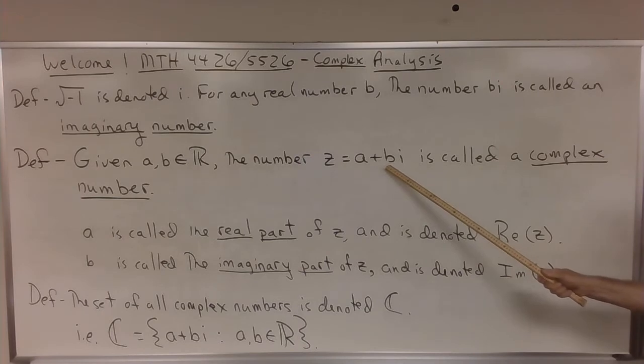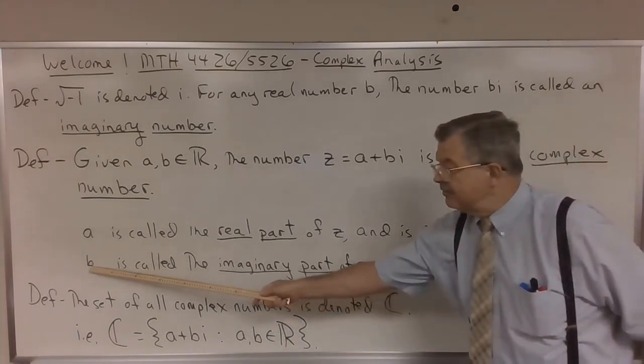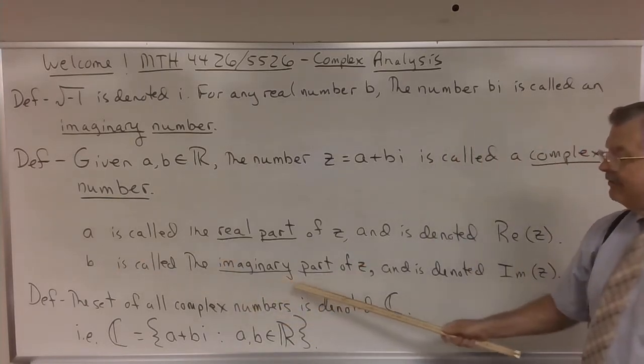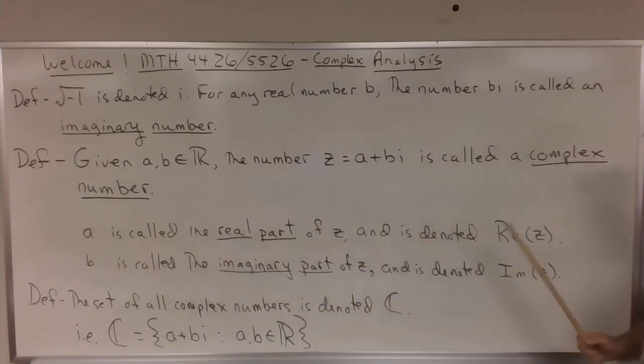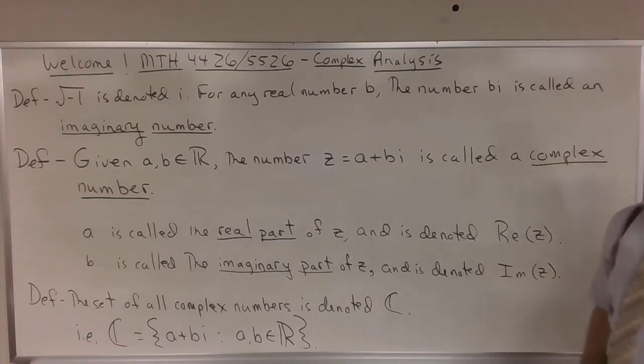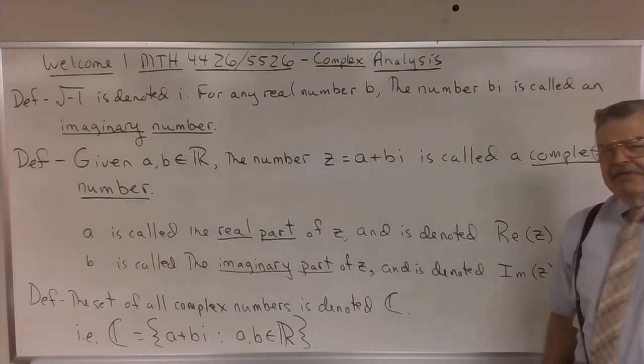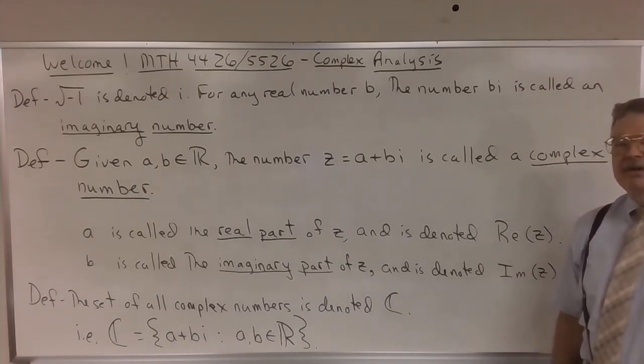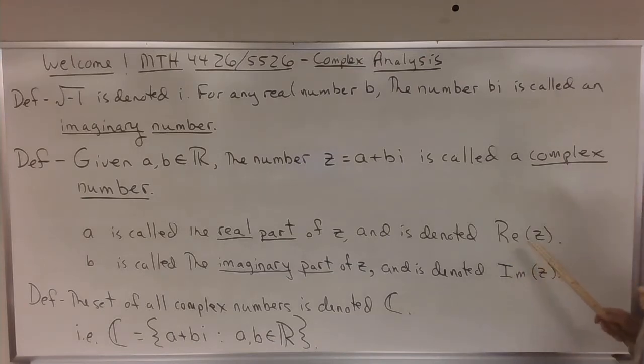The coefficient of i in a complex number, in this case b, is called the imaginary part of z, and is denoted capital I-M parentheses z. This is not useless terminology. Probably by about the time we get into the middle of the course, we're going to have a lot of cause to use these two things.